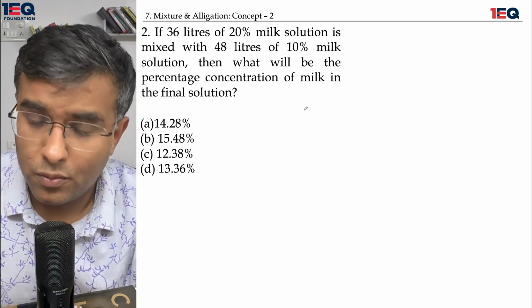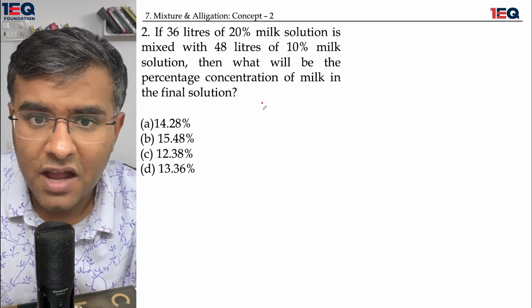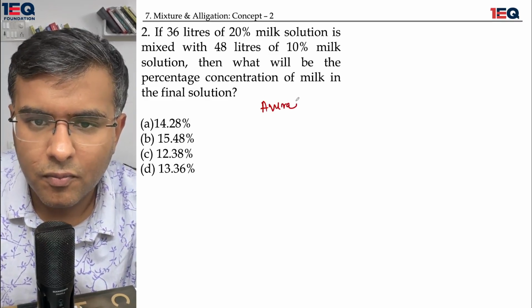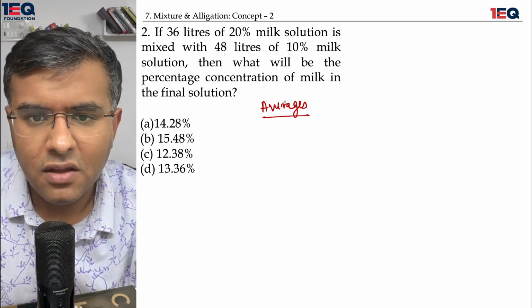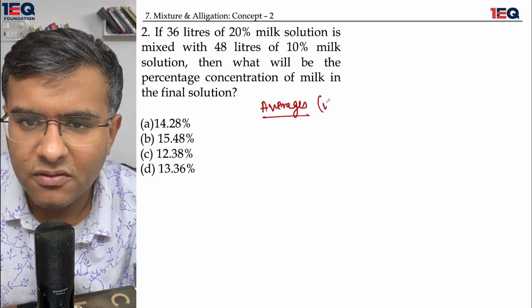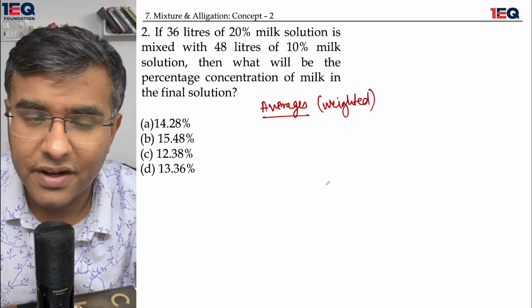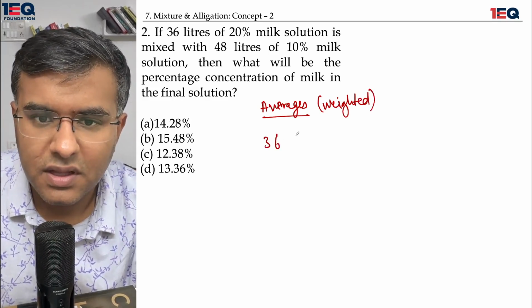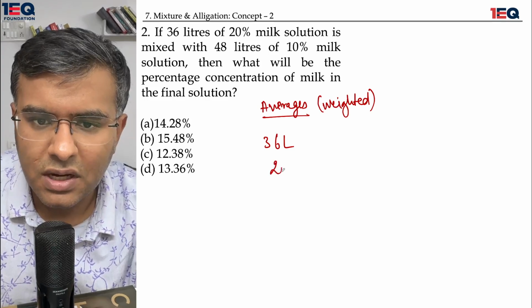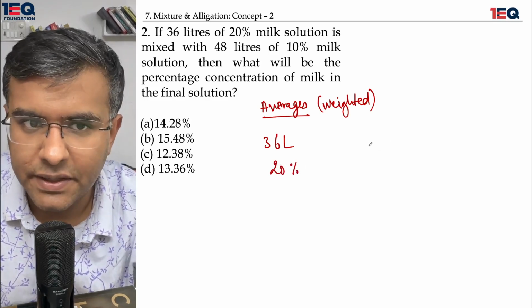As I told you, averages would also play a very vital role, and especially that of weighted averages. There is 36 liters of a solution and its potency is 20%.